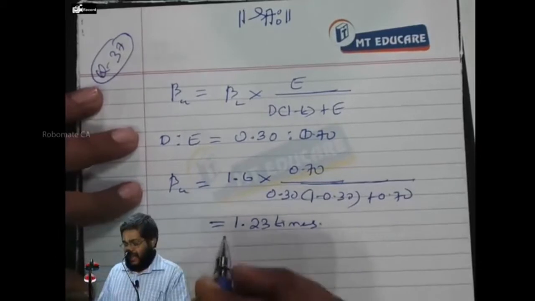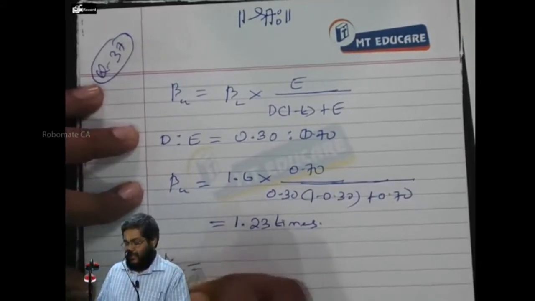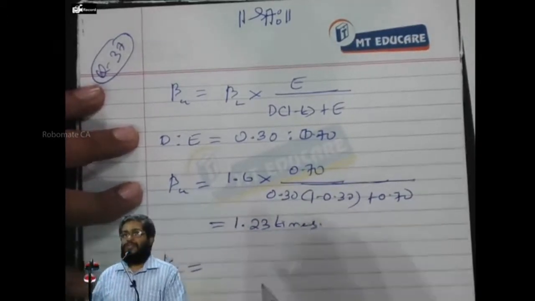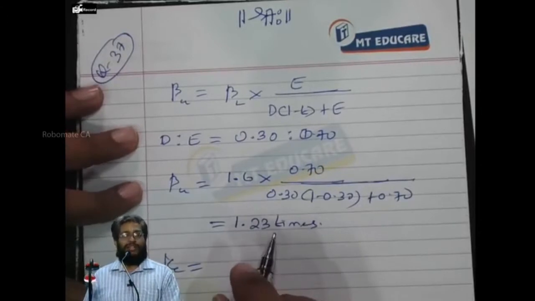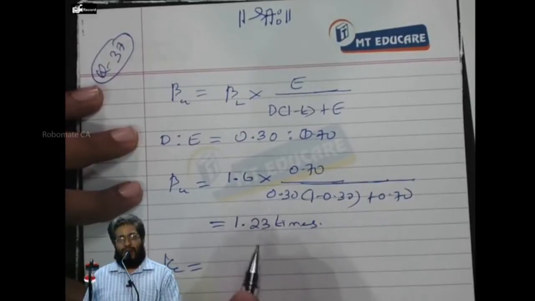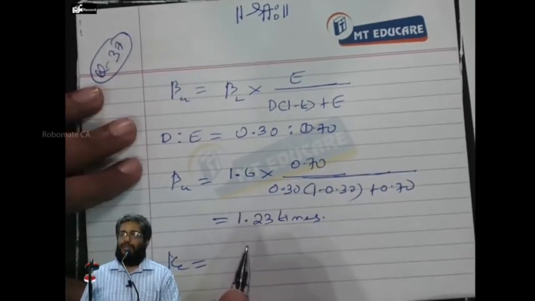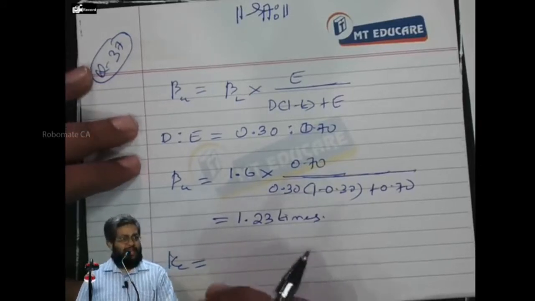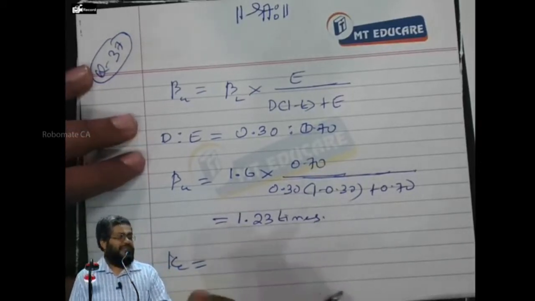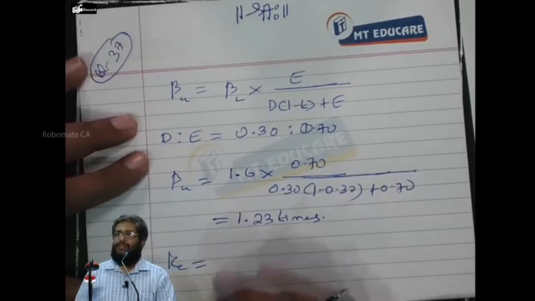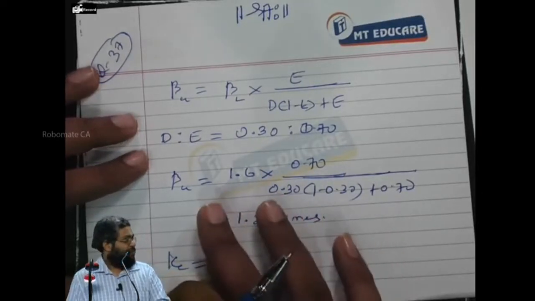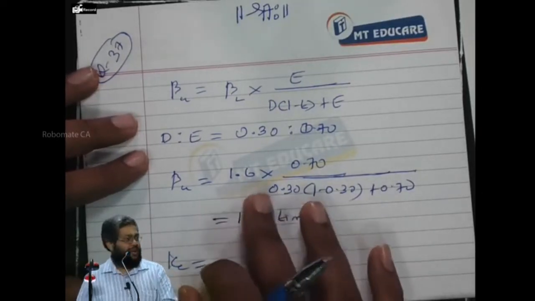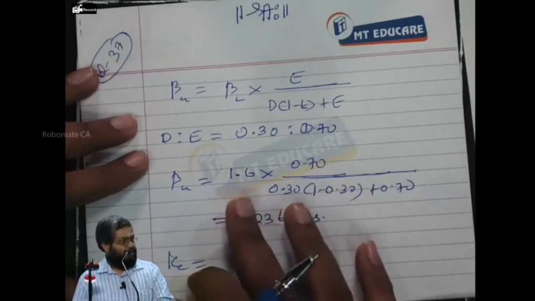Write down. KE is equal to, always write the formula and substitute. KE is equal to RF plus beta into RM minus RF. Can I substitute the numbers or not?